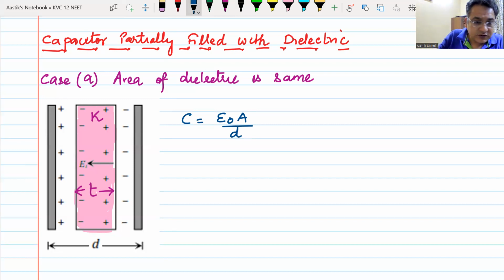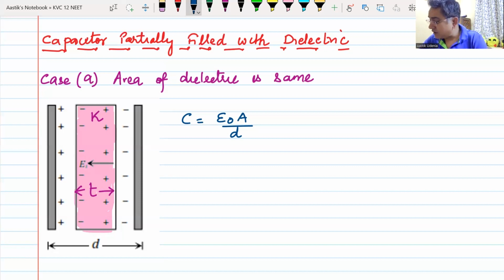Do we remember this formula of original capacitance of a capacitor, epsilon naught A by D? Abhiram remembers it. What about the others? Yes, sir. This is the original capacitance.